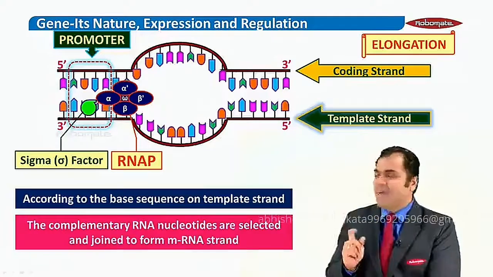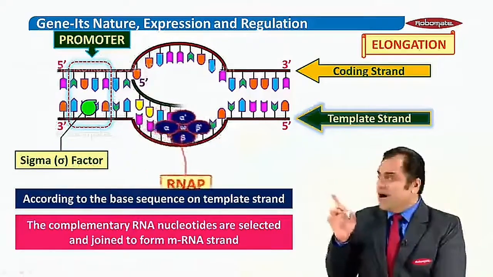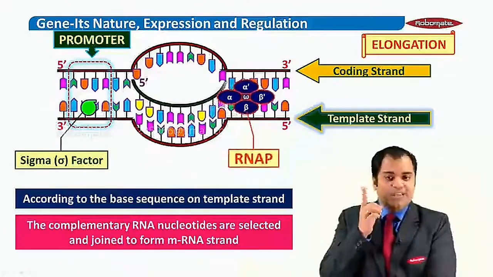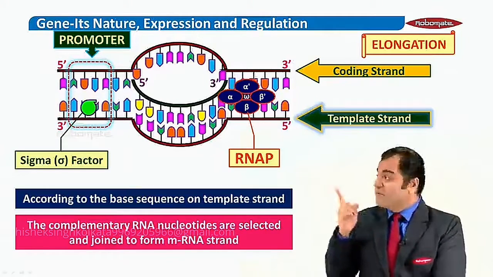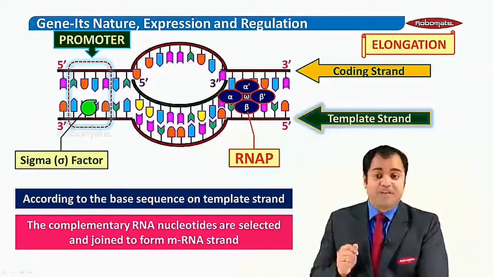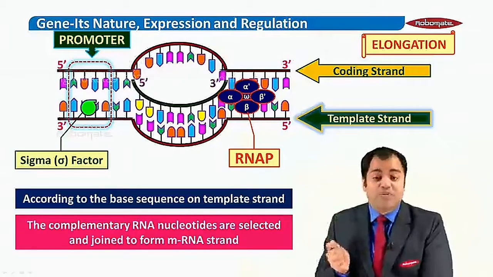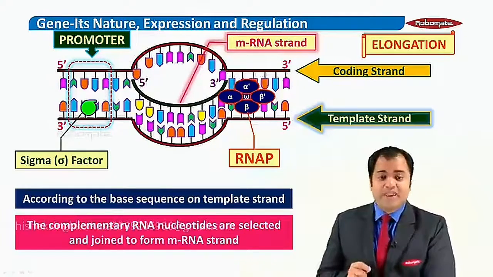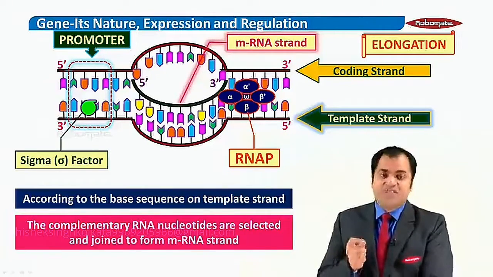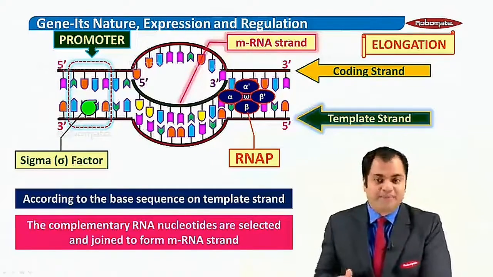Let us see how it happens. There you go. Look at that 5' end. The RNA polymerase moves on the template strand and produces an mRNA from 5' to 3' end. So what you see there, a molecule in that gap called the transcription bubble, is a molecule of mRNA strand. And this is how the process of elongation takes place with the help of RNAP.